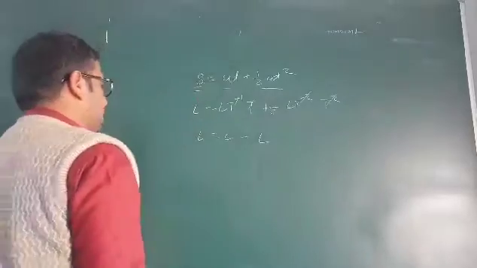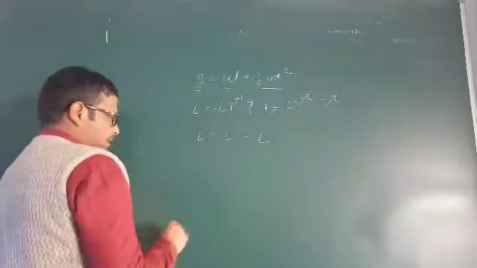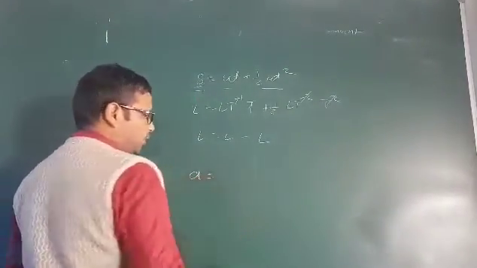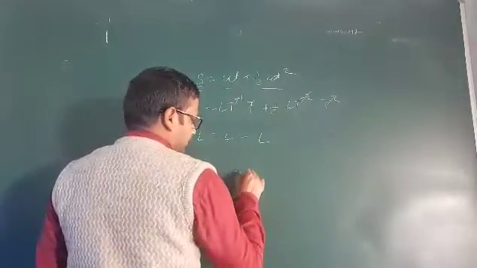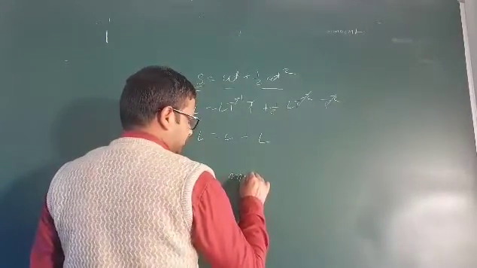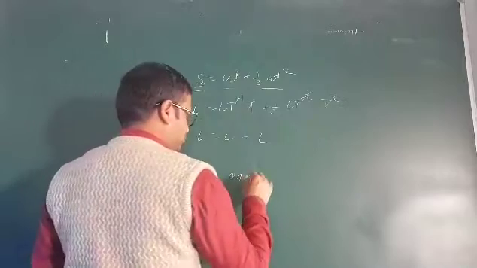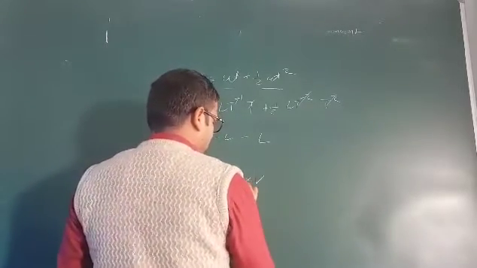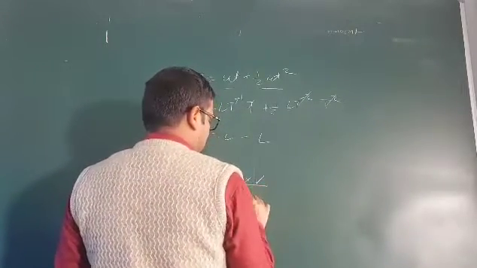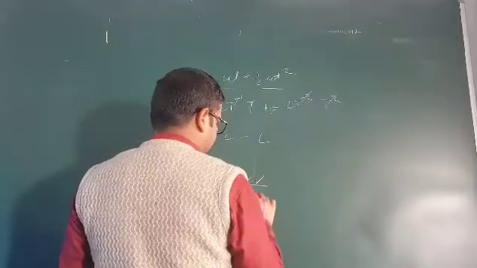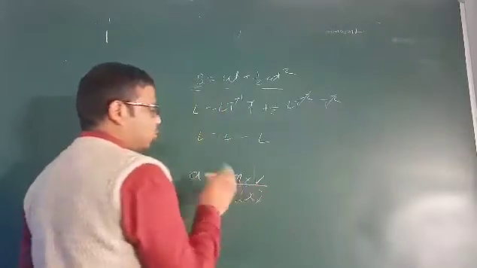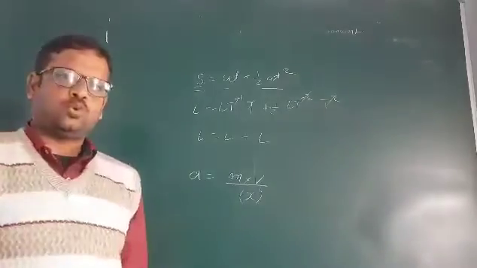You can also find out the dimension of an unknown value. For example, suppose that acceleration is equal to mass into velocity upon x. I don't know what x is.